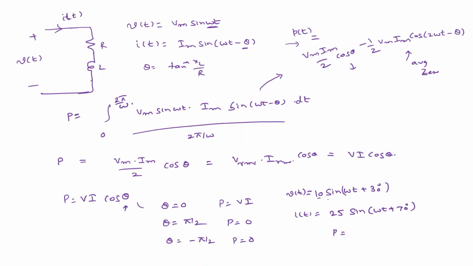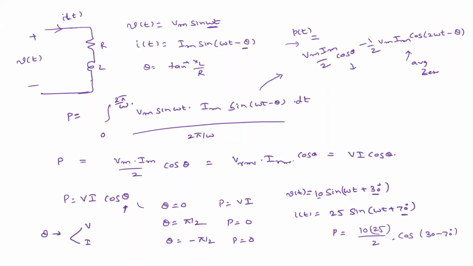So this Vm is 10, right? So 10 into 25 by 2 into cos of voltage angle minus current angle. Right, this theta is minus 40 degrees, the angle between voltage and the current. Agree? So that means theta is 30 minus 70 degrees.